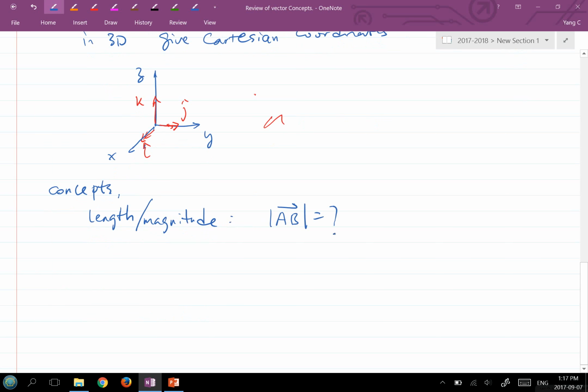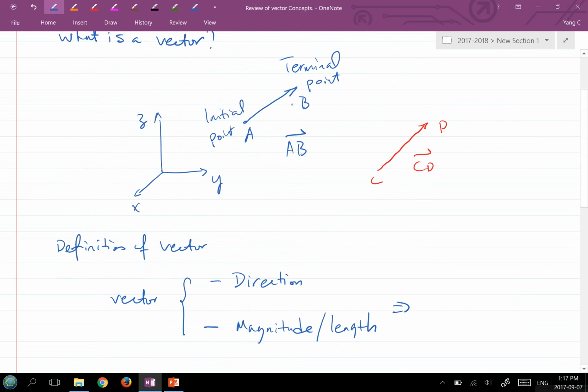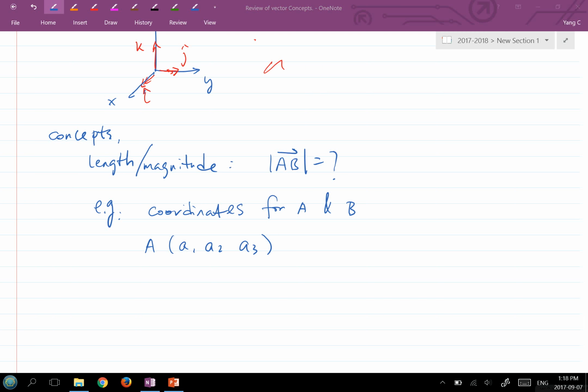As you can see, AB is formed using 2 points, a point A and a point B. So you can calculate the magnitude using the coordinates of A and B. For example, if the coordinates for A are A1, A2, A3, this is how I will present the coordinates of a point: a bracket with 3 values inside.